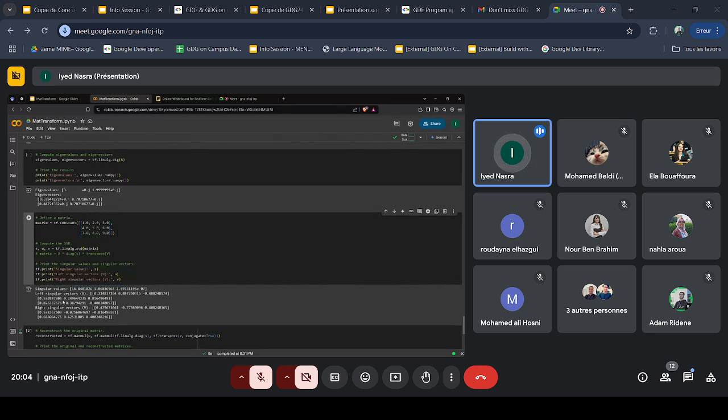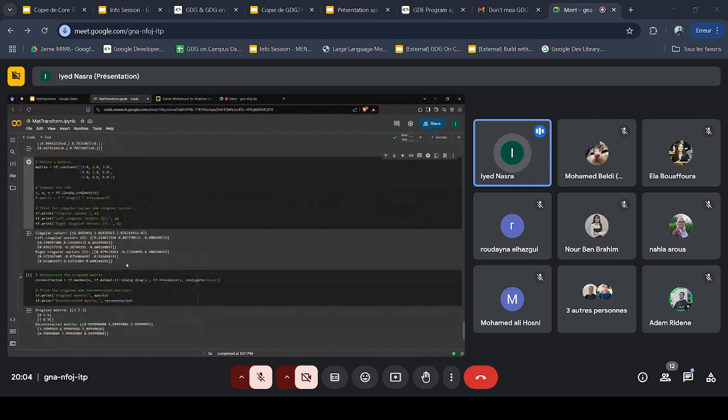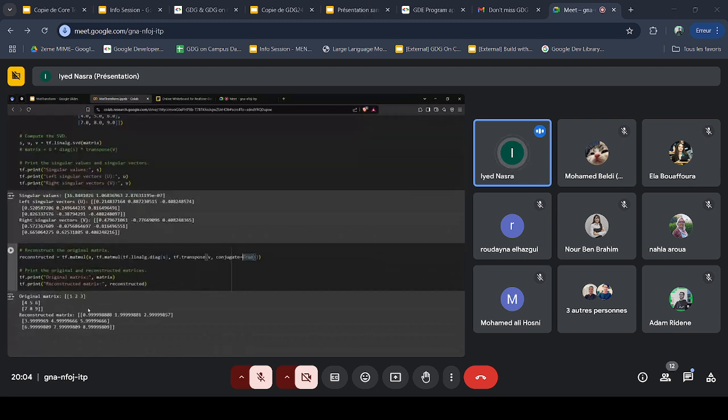And then we have the left singular vectors and the right singular vectors, all calculated through the TensorFlow linear algebra component. After calculating the SVD, we can just apply this formula here: U times diagonal of S times V transpose gives us basically the same matrix.